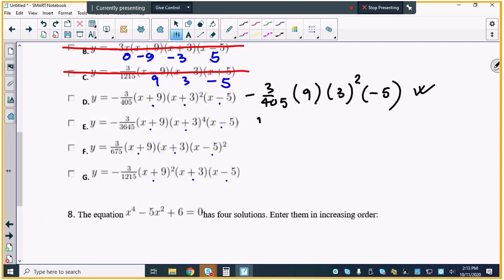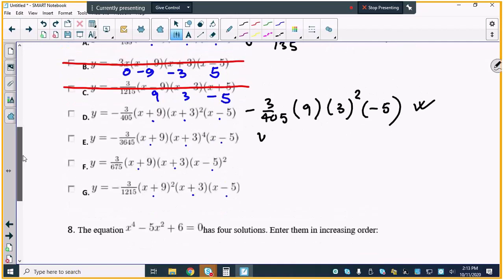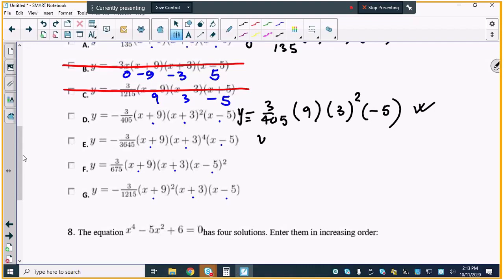We'll go to the next one and we will say y is equal to. So the first one and the second one that we wanted to check, they're both good. So the next one is y equal to negative 3 over 3645, and I have 9 times 3 to the power 4, times negative 5. Let's multiply and see how much we get.